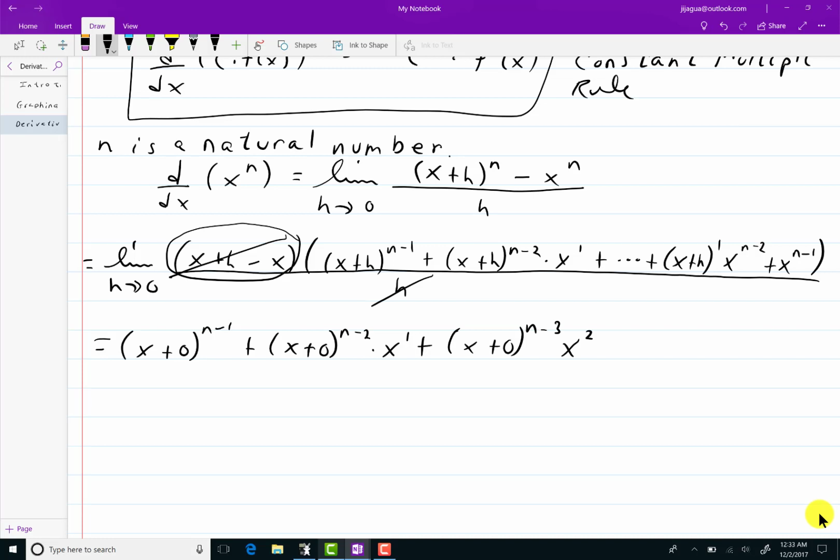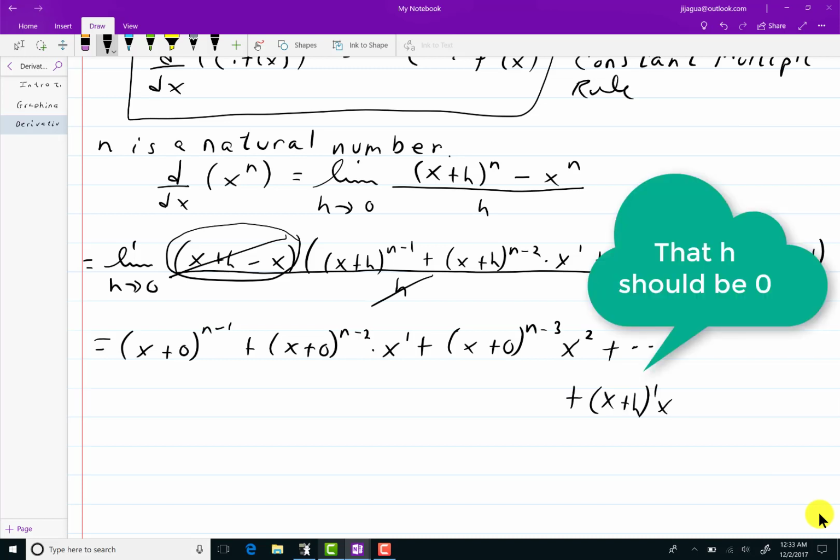No matter what, if you look at these exponents, n minus 2 plus 1 is n minus 1, n minus 3 plus 2 is n minus 1. That happens throughout the whole problem. Plus dot dot dot. I guess I'll put the rest of it down here. (x plus 0) to the 1 times x to the n minus 2 plus x to the n minus 1.